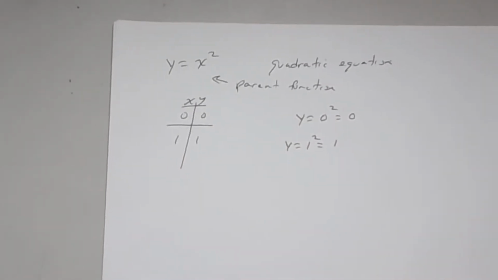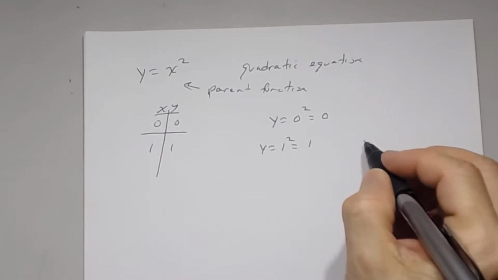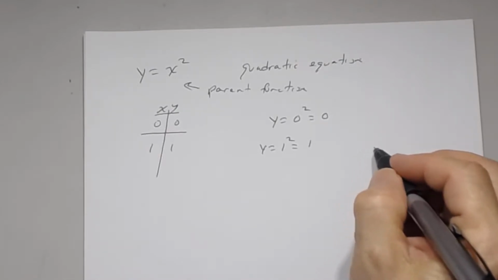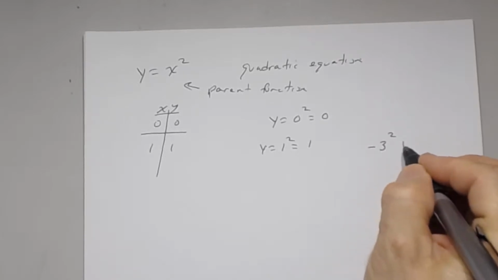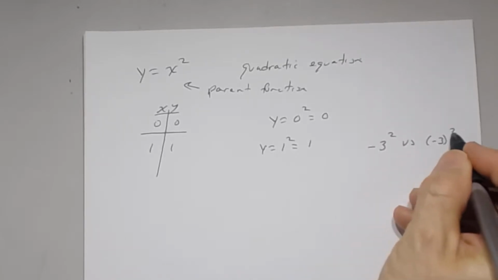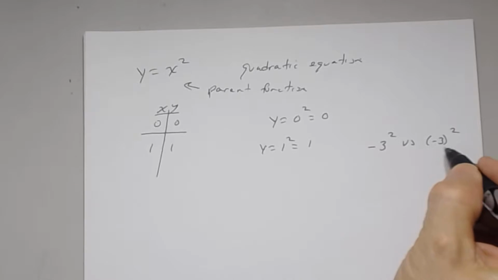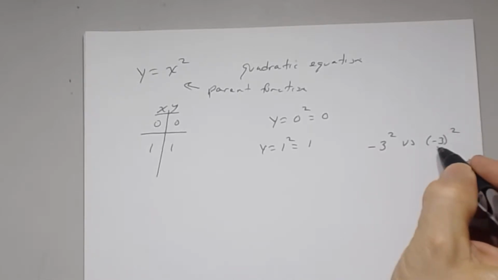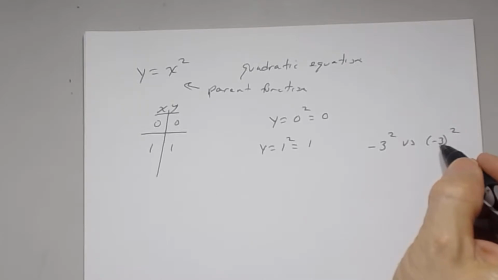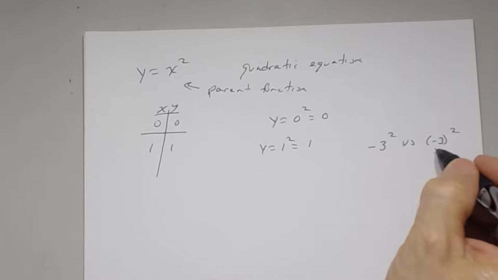All right, before I go on, let's remember something from a previous course. There is a difference between negative 3 squared versus, in parentheses, negative 3 squared. Those are two different things. Here, that I'm circling right here, what's the base? Negative 3. So negative 3 squared means negative 3 times itself, which gives me what?